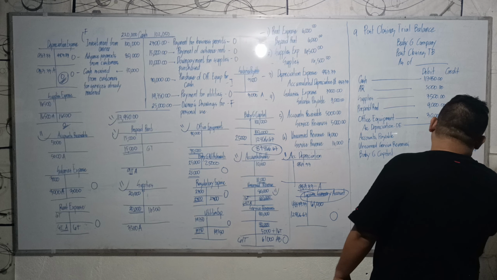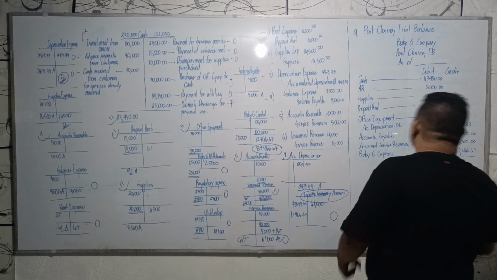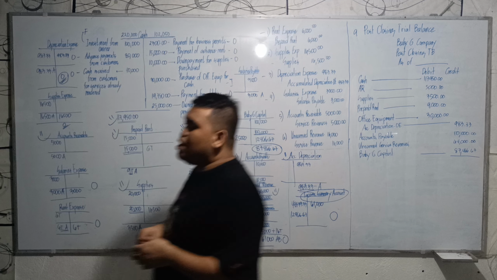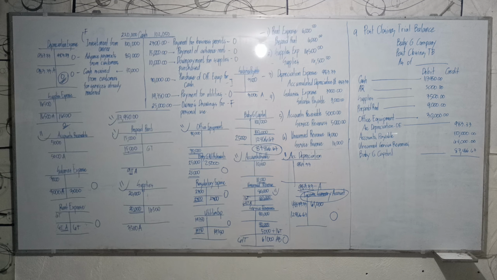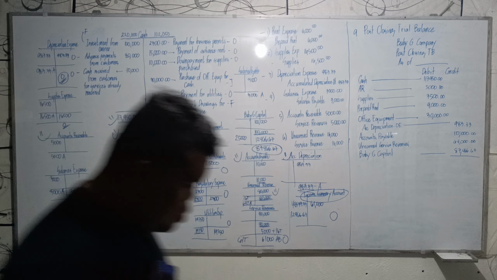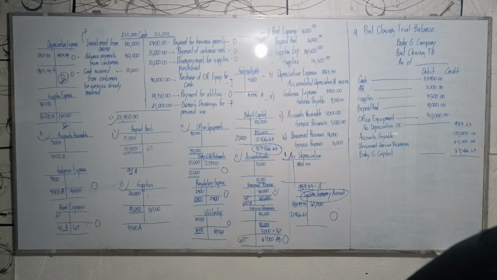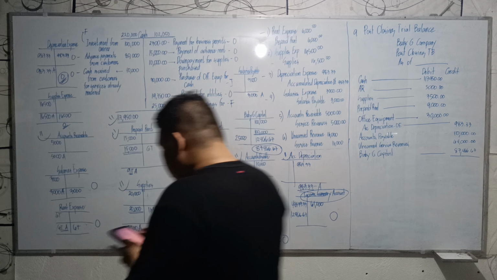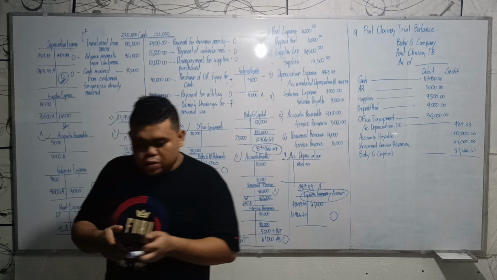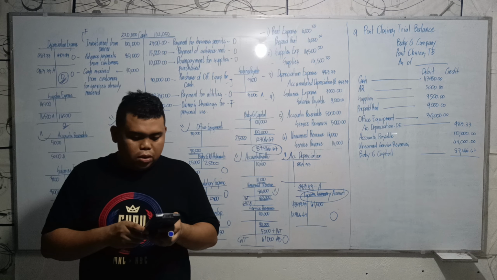And that's it. That's the post-closing trial balance, because again, the expenses are not to be considered already in the post-closing trial balance. It is because they have been zeroed out. And of course, the revenues and the withdrawals will not be considered already, just like the expenses.